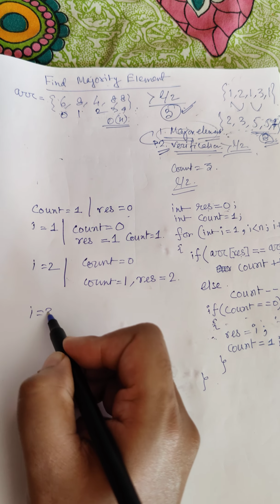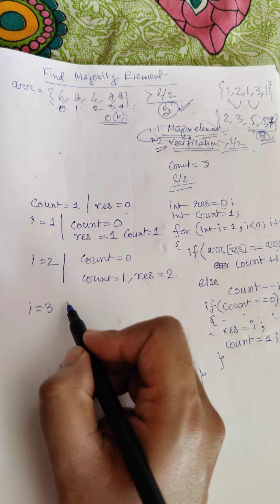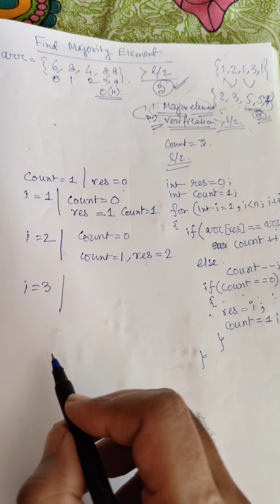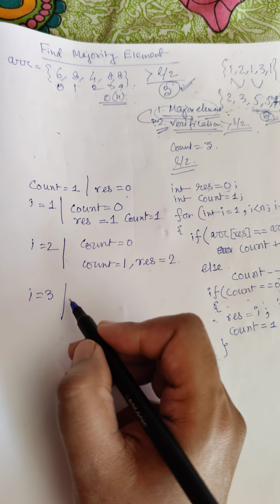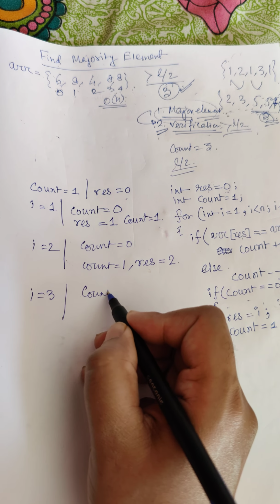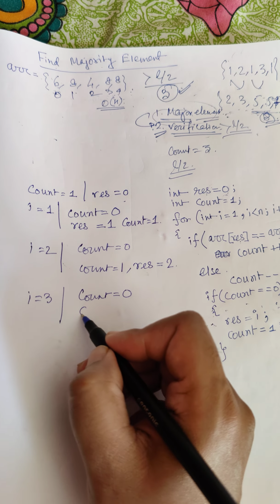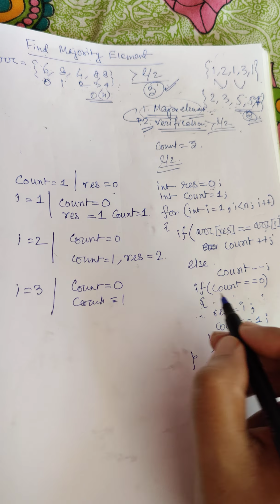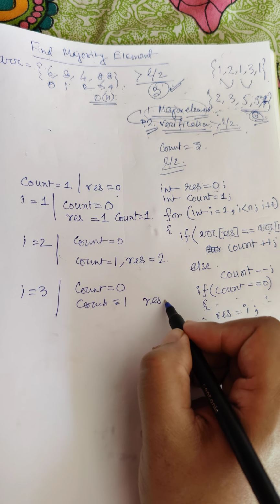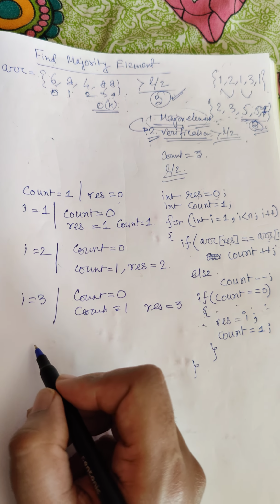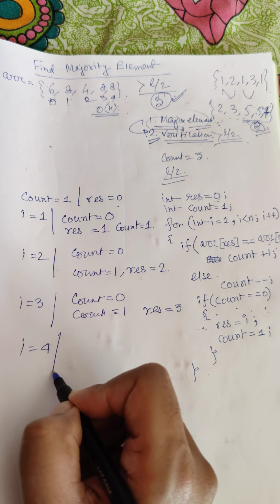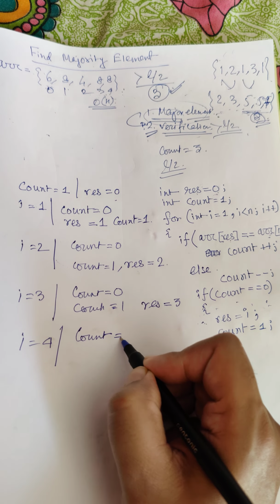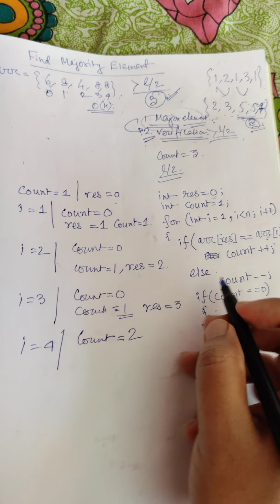In the case of I equal to 3, we got 8. In this case we will have count initially 0 because that doesn't match with 4, but at the same time the count will get reset to 1 through this condition and result will become 3. In the case of I equal to 4, the count is going to be 2 because you got 1.